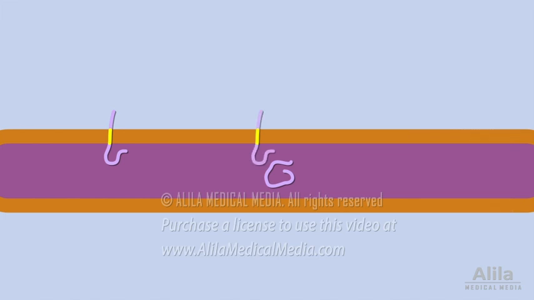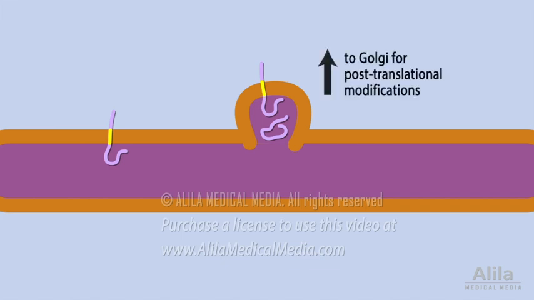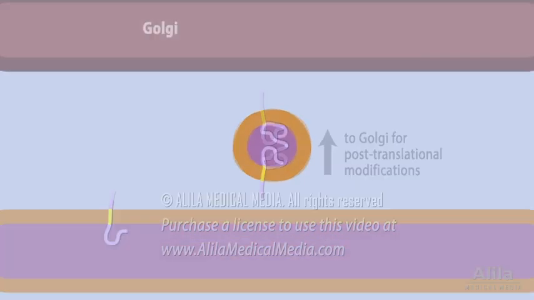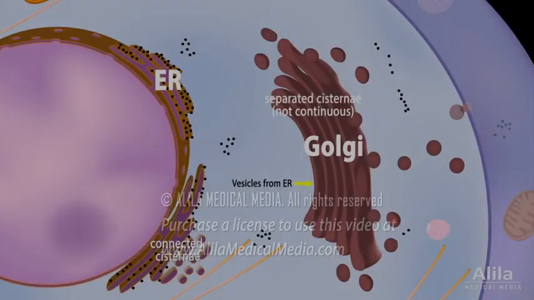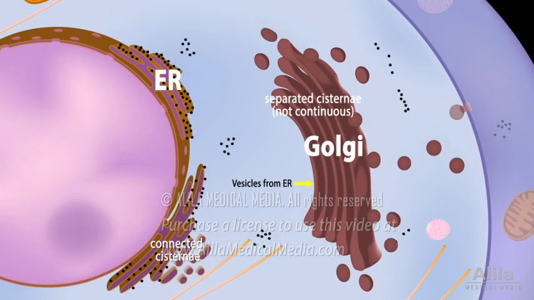Membrane proteins, lipids, and secretory proteins are then packaged into vesicles to be transported to the Golgi, where proteins undergo post-translational modifications. Vesicles pinch off from ER membranes, travel to Golgi apparatus, fuse with Golgi membranes, and release their content. The Golgi is a stack of separated cisternae. Each contains a set of enzymes responsible for a certain step in protein maturation.